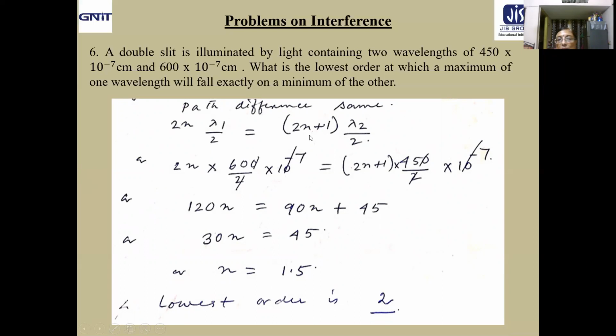In that case, with 2n minus 1 you will associate 600 into 10 to the power minus 7 centimeter, and with 2n you will associate 450 into 10 to the power minus 7 centimeter. The basic idea is that the product of two quantities will be equal. So with the smaller factor you will associate the larger wavelength, and with the larger factor you will associate the smaller one, then your answer will come automatically because the thing is logical. Okay.